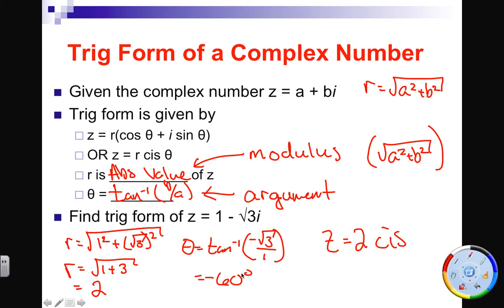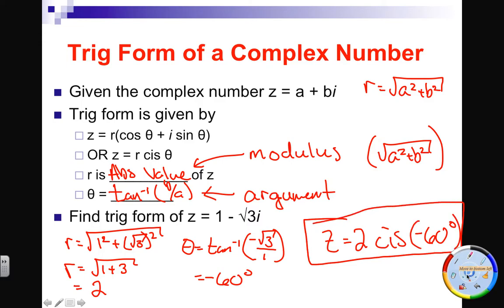And you can leave it as negative 60. You just have to make sure you're in the right quadrant. Negative 60 is in quadrant 4. Going right 1 and down root 3 is in quadrant 4. So negative 60 is the correct angle. And that is the trig form of a complex number.